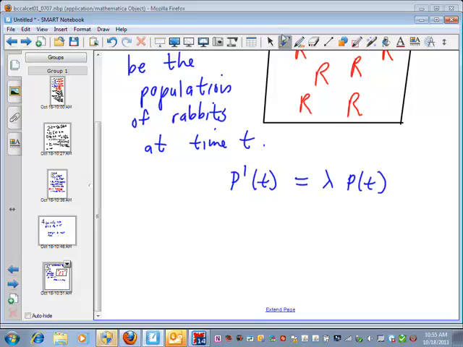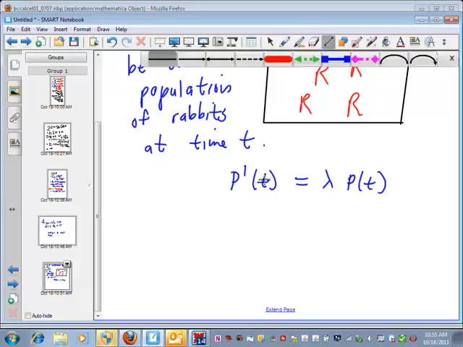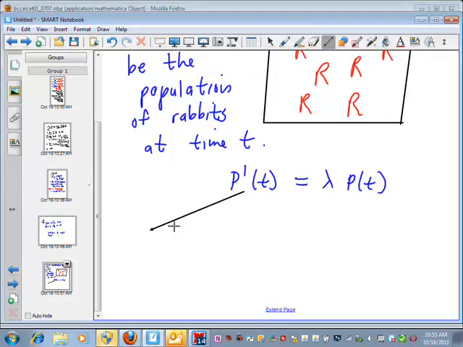All right, so let's go ahead and make that clear, just in words. Here's the arrow. So the rate, the increase in rabbits, we'll put it in rate. Increase in rabbits.